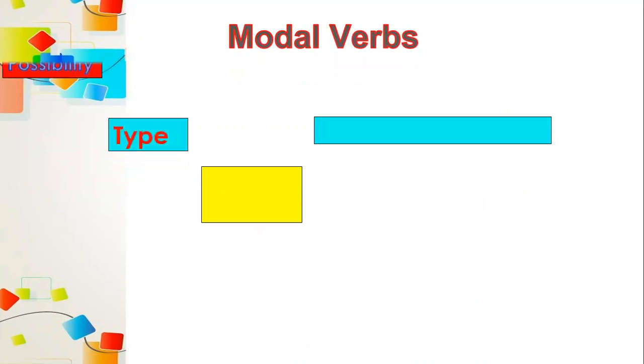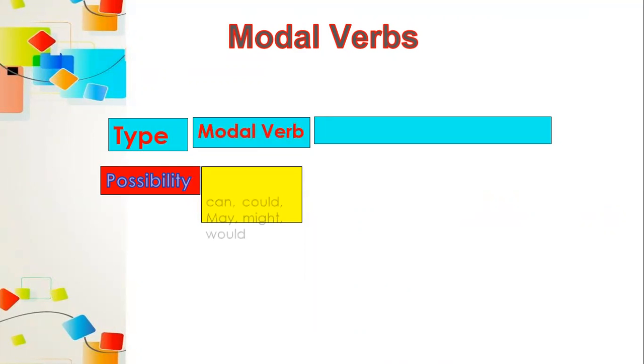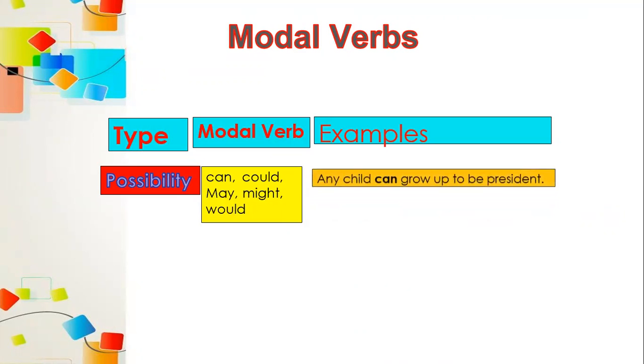Our first type of modal verb is modal verb of possibility. We use modal verbs of possibility when we want to make guess about something. Modal verbs of possibility are can, could, may, might, and would.